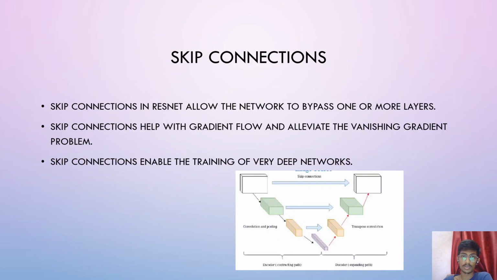Coming to skip connections, skip connections in ResNet allow the network to bypass one or more layers. Skip connections help with gradient flow and alleviate the vanishing gradient problem, and they enable the training of very deep networks. As you have seen, from the input node it goes to the hidden layer after processing through convolution and pooling, and again it goes to another convolution process.